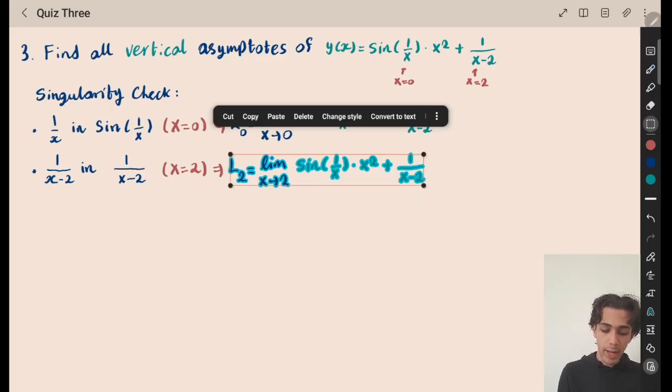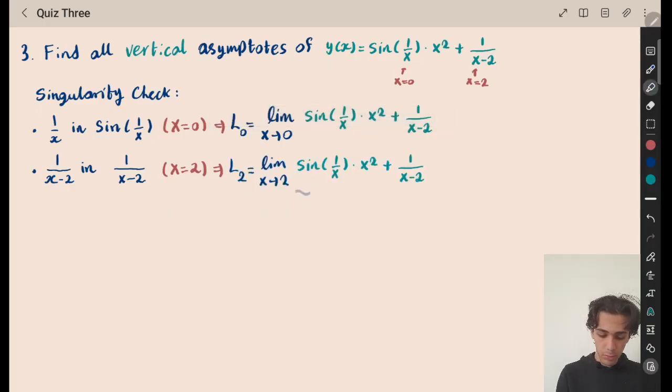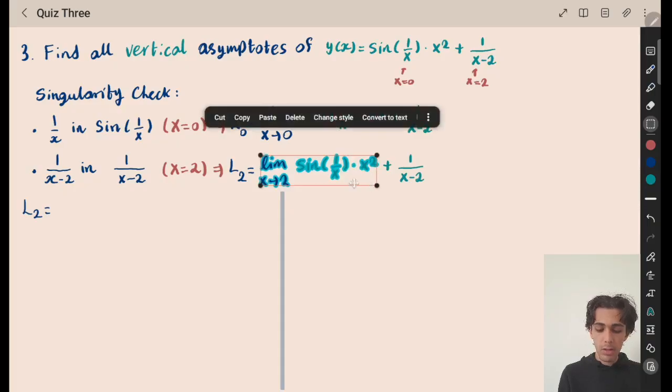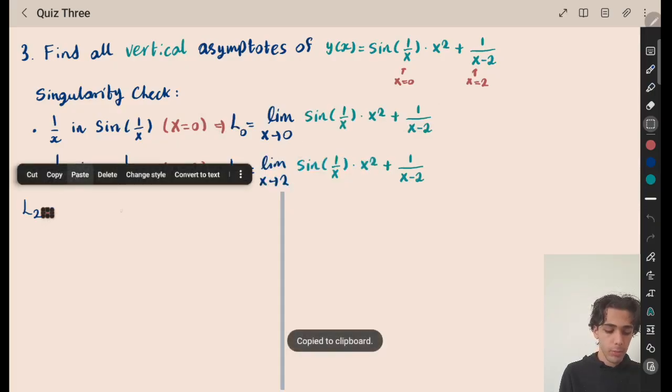Then I will take a look at L2. I can distribute the limit on both summands because the limit of the sum is the sum of the limits.